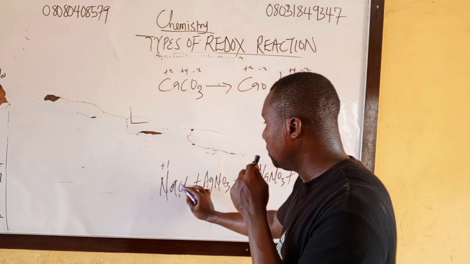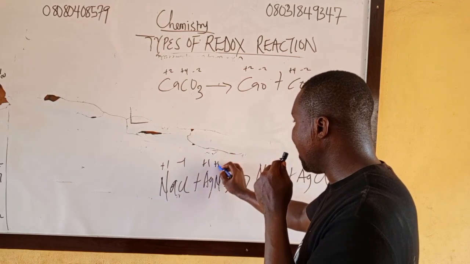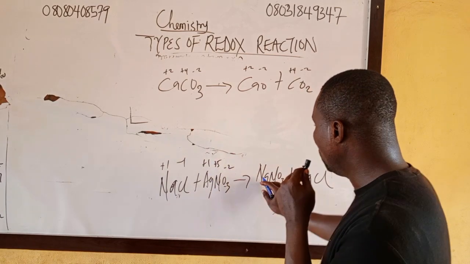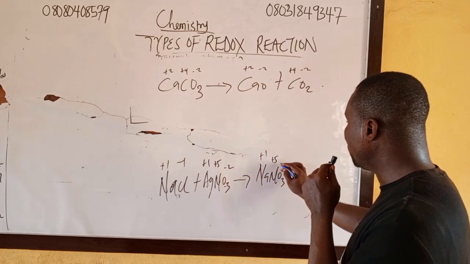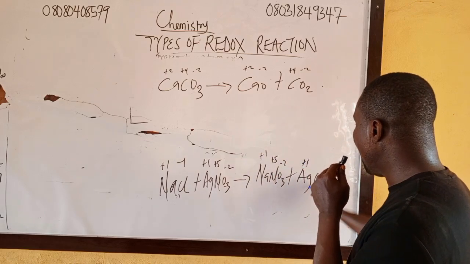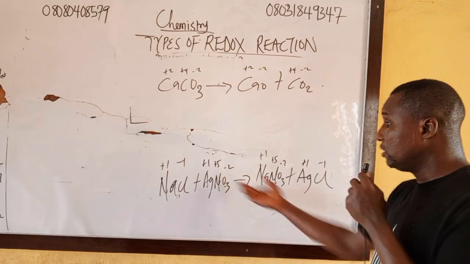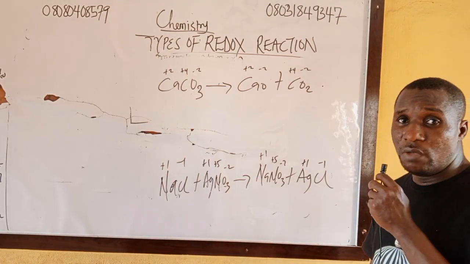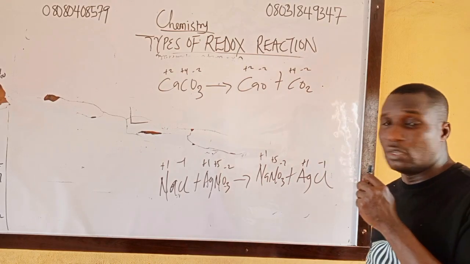Sodium is plus 1, chlorine minus 1, silver plus 1, nitrogen plus 5, oxygen minus 2. There's no change. Since there's no change in their oxidation numbers, it's not redox.